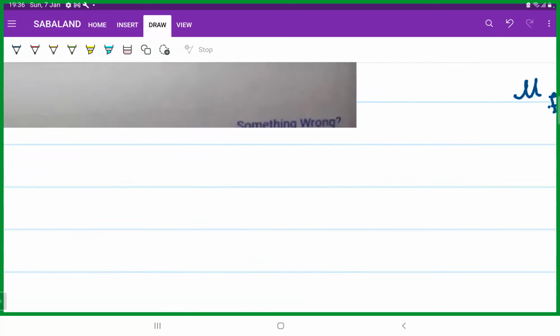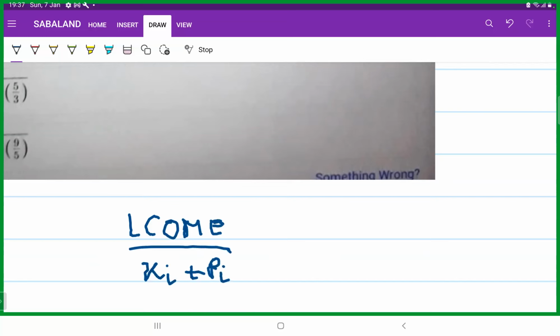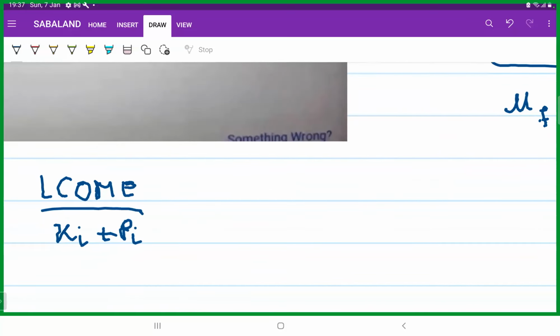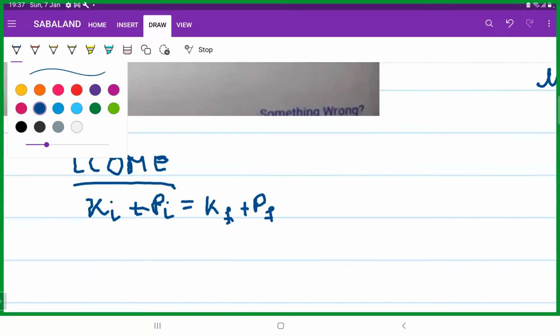Now we will apply the law of conservation of mechanical energy. Ki plus Pi is equal to Kf plus Pf, where K and P mean kinetic and potential energies.